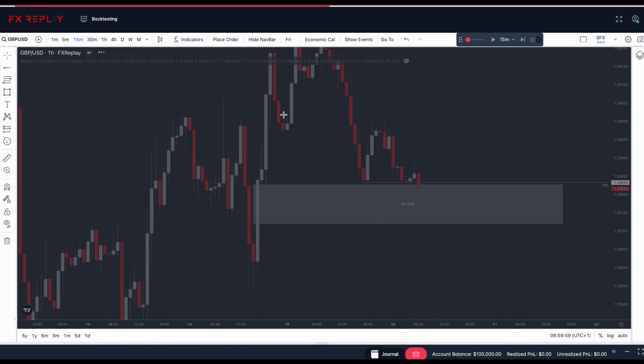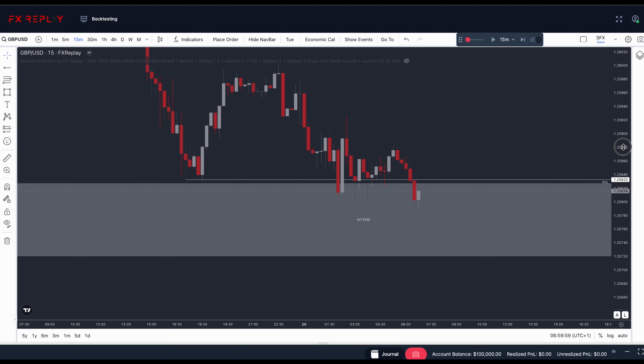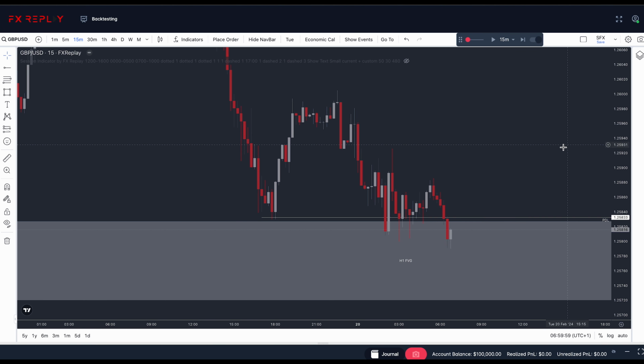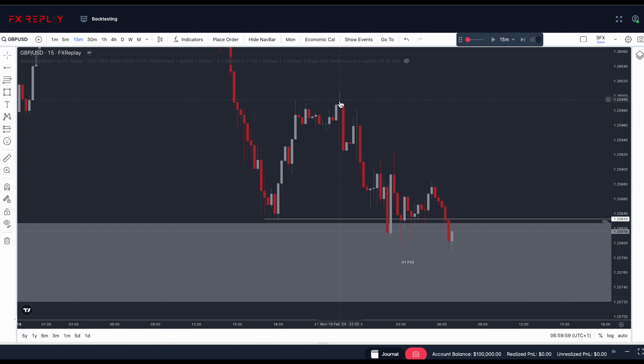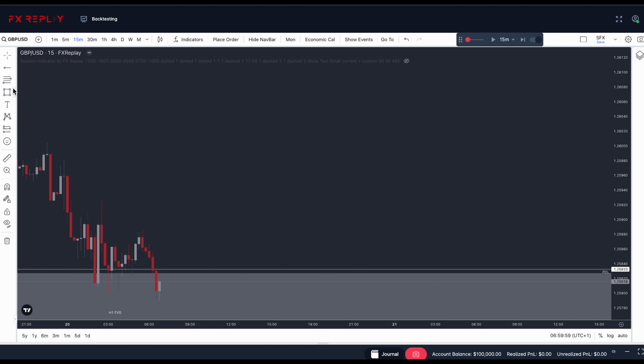Now I'm going to switch to the 15-minute time frame and put the focus there. I want to see elimination of the previous highs. I want to see the break of structure. Which means if we go back to the drawing board, if we have a structure and you have all of those highs, and price takes out the liquidity to the downside and reverses, you want to see first a break of structure there.